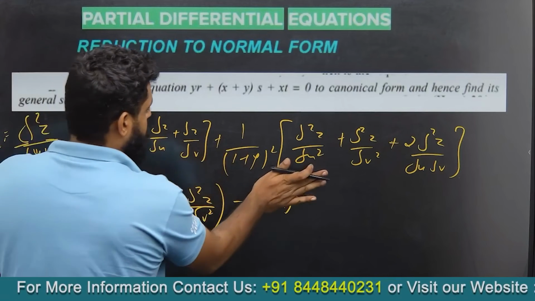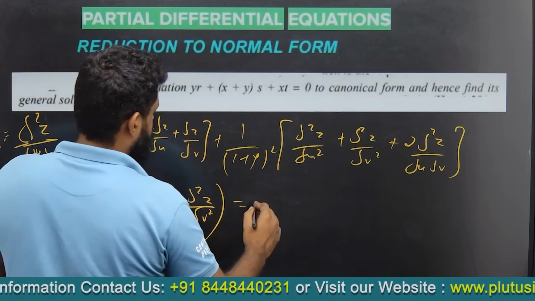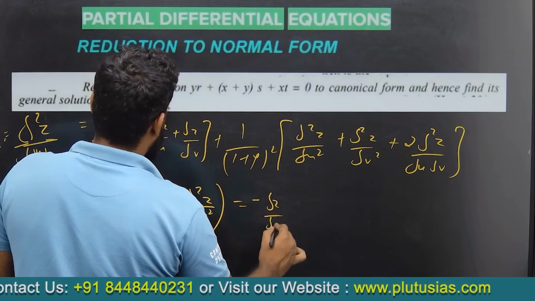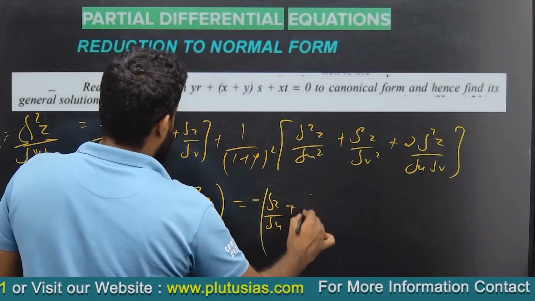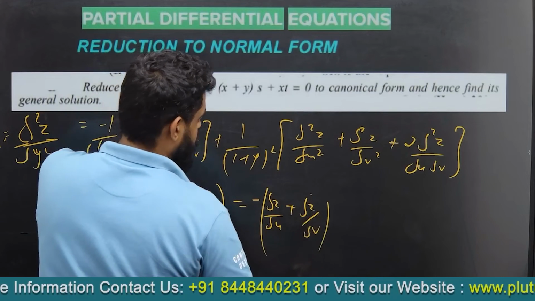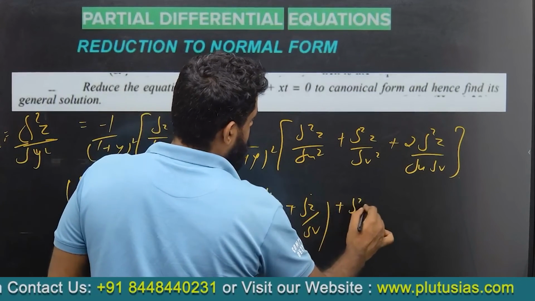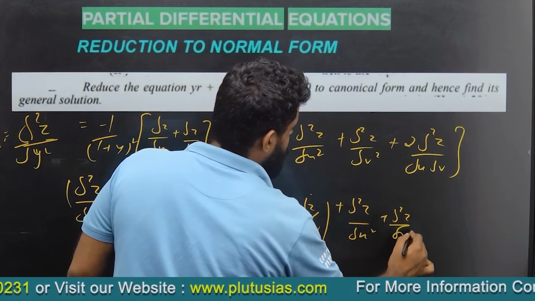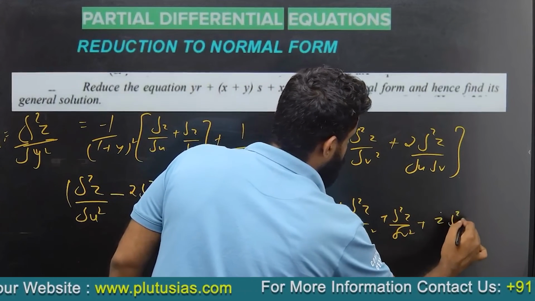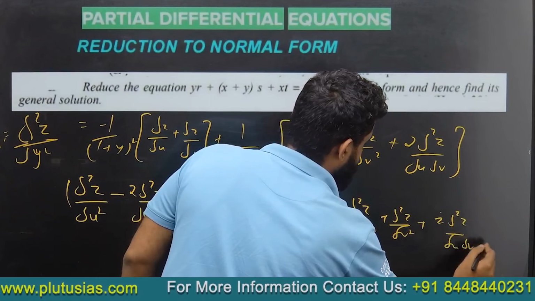What we are left with is minus of (∂z/∂u + ∂z/∂v) plus ∂²z/∂u² plus ∂²z/∂v² plus 2 times the mixed term.